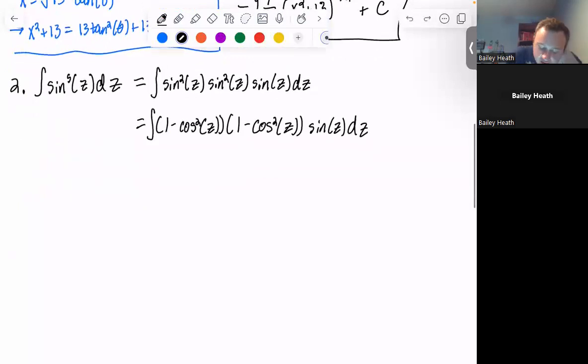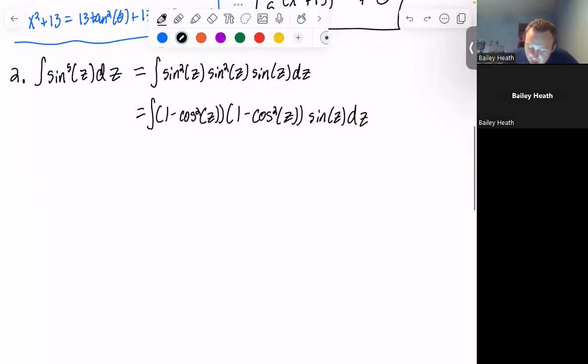And notice, because this was an odd power at the beginning, we're going to have this leftover sine of z sitting out here. We've got a sine squared, but because this is an odd power, if we try and group things like that, we're always going to have this extra sine of z sitting out at the end.